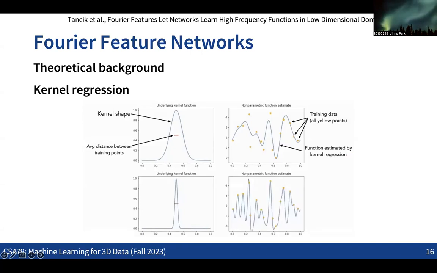As you increase the width of the kernel, we may not get a precise reconstruction, while getting a smoother function, so not overfitting to the input data. But if we make the kernel size narrower like this, then we see overfitting outputs like this.